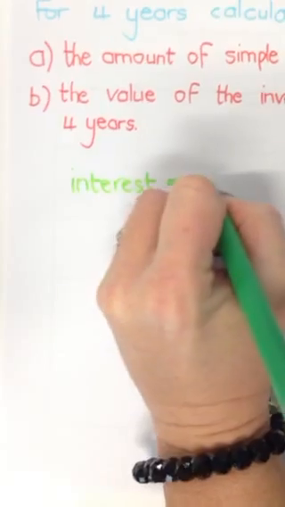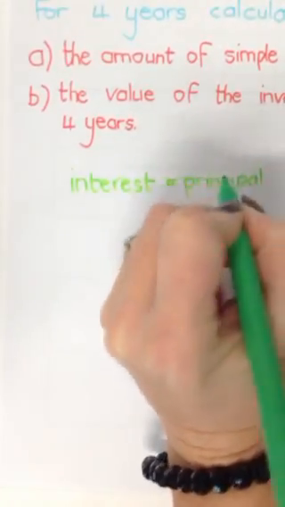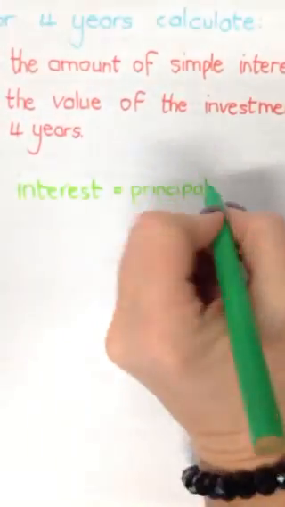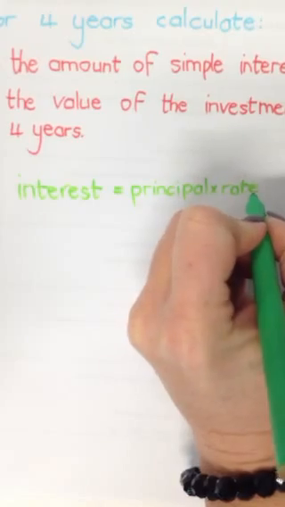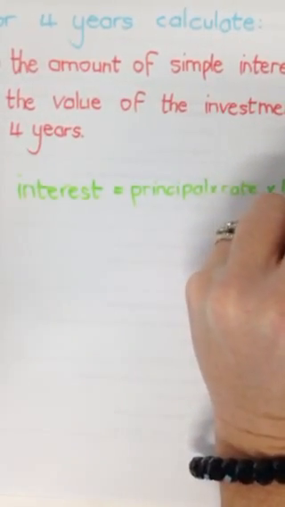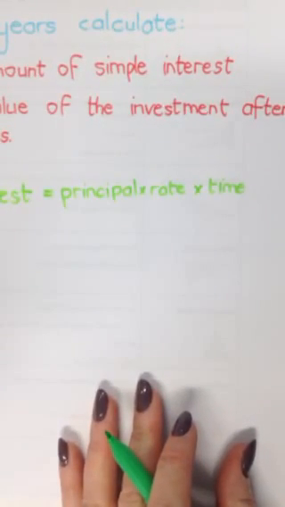So I'm going to call it principal. You can call it whatever you want, okay? So it's the principal times the rate, okay, times the time. So you can see it, the interest is principal times rate times time.